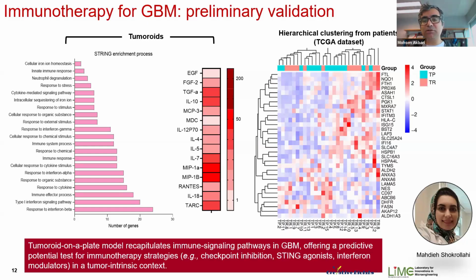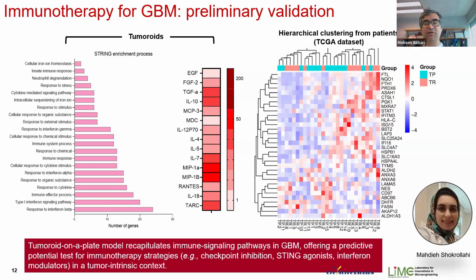But even though our model did not have the immune component, both patient data, which you see on the right, and the data that we collected using our tumoroids, both the proteomic and genomic data as well as the secretome data, show the upregulation of components and pathways linked to interferons, cytokine responses, and innate immune signaling.